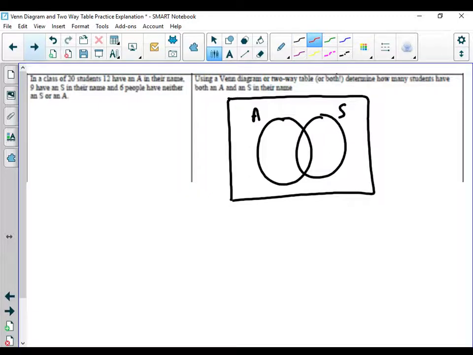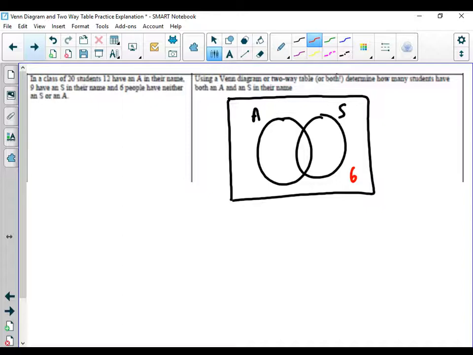They told us that we had 20 students, 12 have A in their name, 9 have S in their name, 6 have neither S or A. So I'm going to throw that out there. We've got 20 students total, so that leaves me with 14.